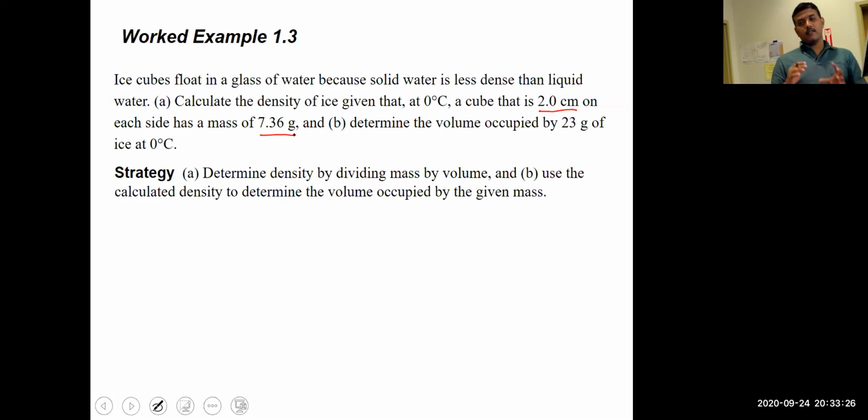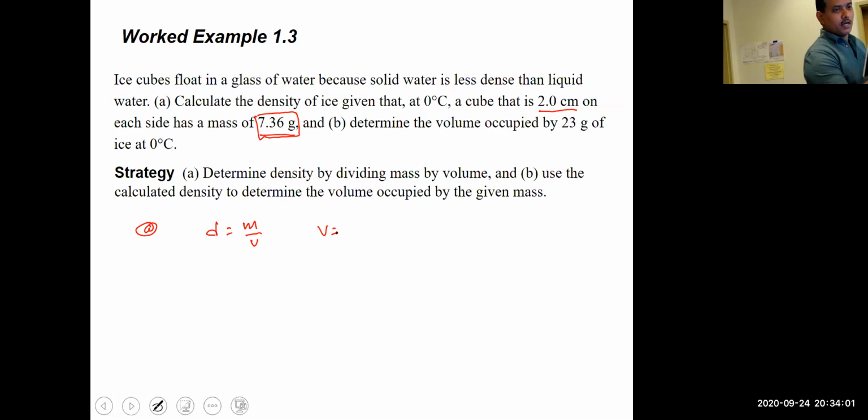We just said that density is equal to mass over volume. And I also told you that volume you can calculate by multiplying the length, width, and height of a sample. So you need to identify volume, and luckily you were directly given the mass as 7.36. So let's find out what the volume is.